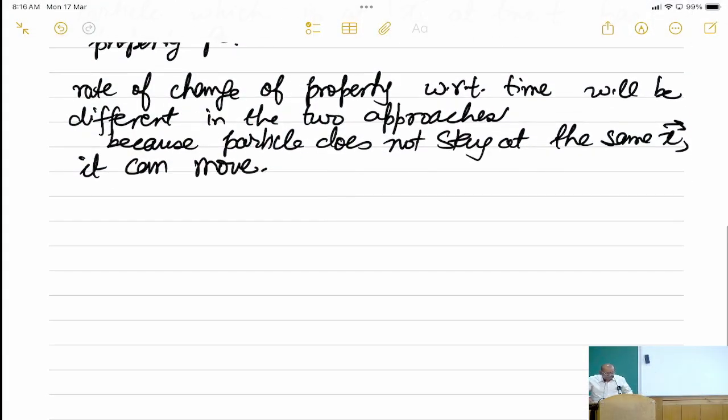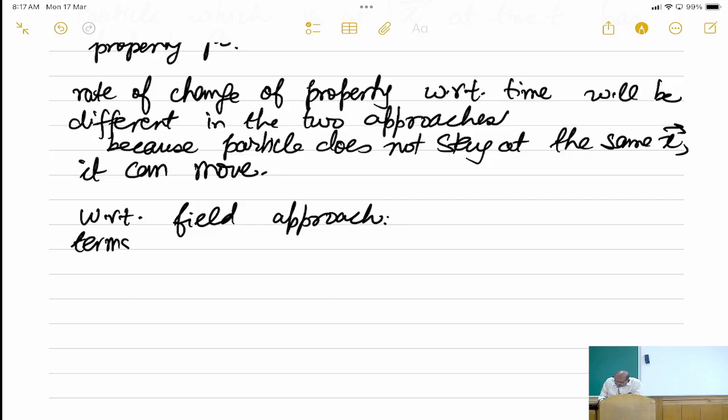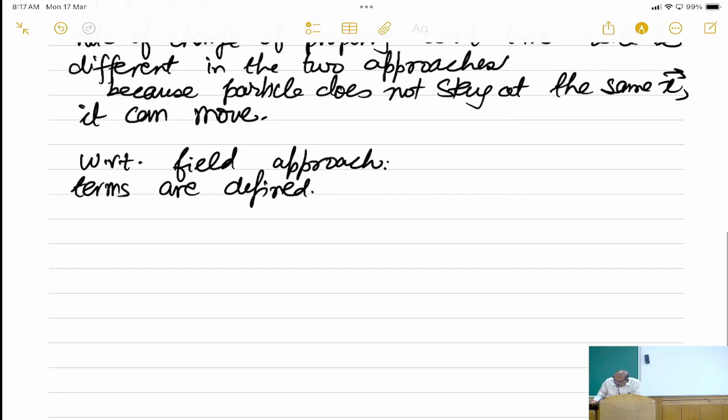Okay. So now, there are certain terms with respect to the field approach, and the first of these, particularly since we are talking in terms of fluid mechanics, is the term called steady flow.